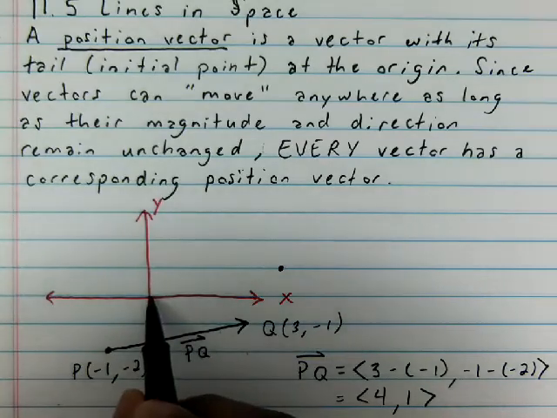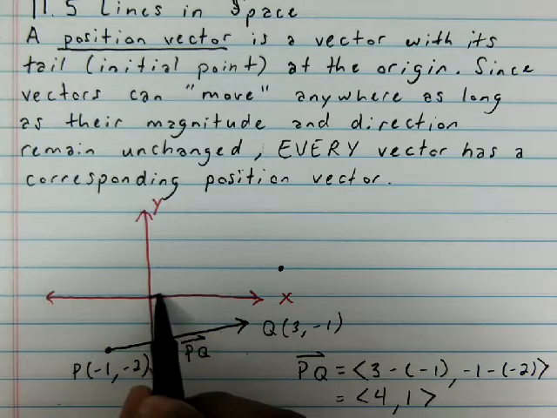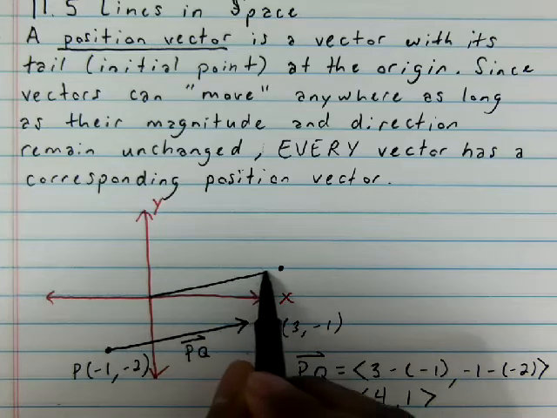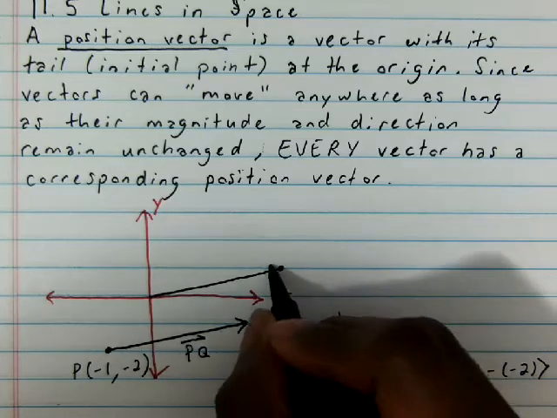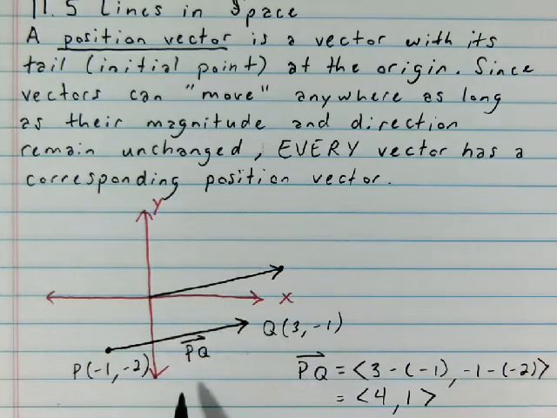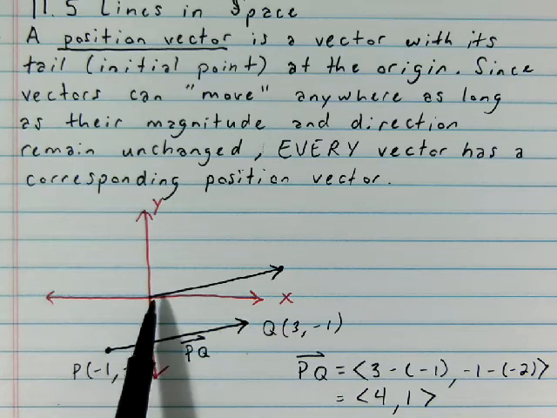Now if I draw a vector from the origin to that point, that's the exact same as this vector PQ that we have right here. All we've done is slide this vector so that its tail is at the origin, and that vector is given by 4, 1.